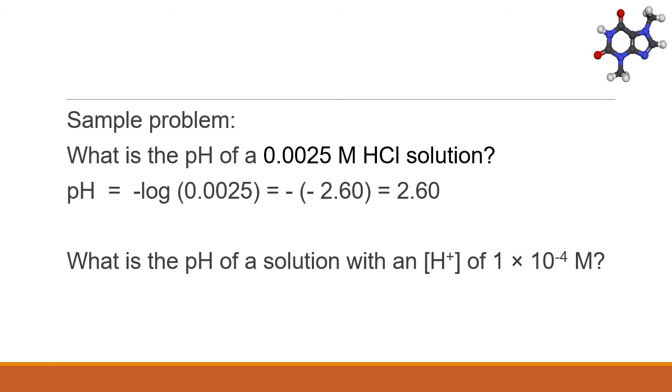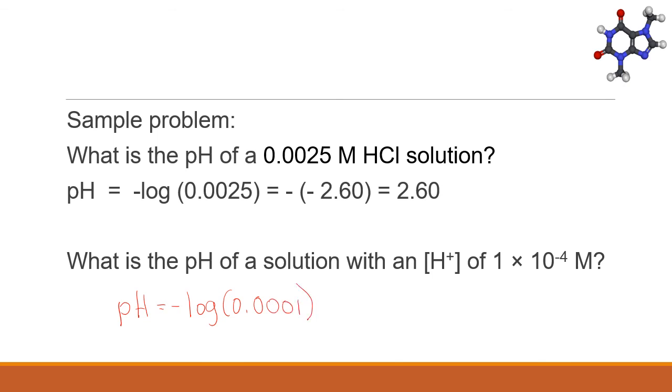In the next problem, we are asked to find the pH of a solution which has a hydrogen ion concentration of 1 times 10 to the negative 4 molar. Using our formula for pH, we can write this as the negative log of 0.0001.